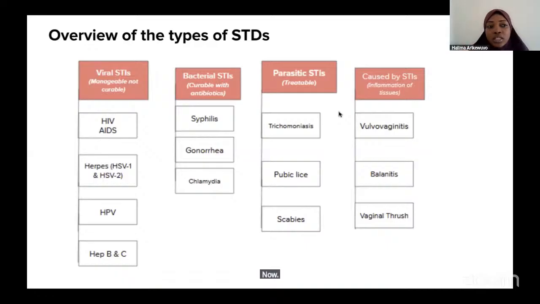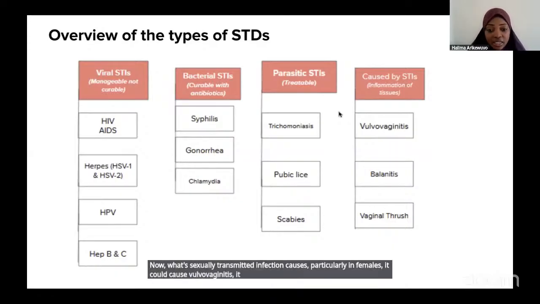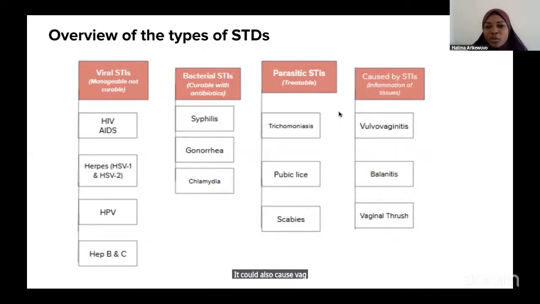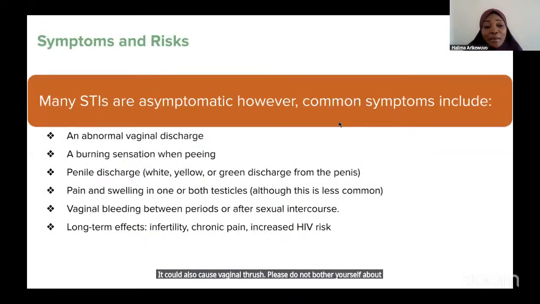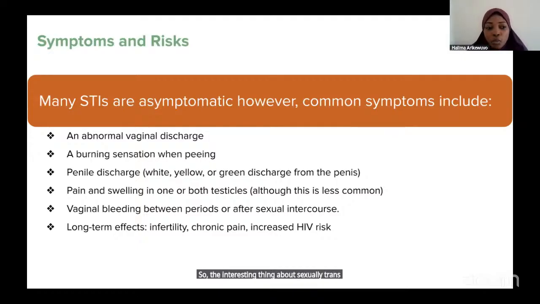Now, particularly in females, sexually transmitted infections could cause vulvovaginitis, balanitis, and vaginal thrush. Please do not bother yourself about these fancy words. They're just medical jargon. The interesting thing about sexually transmitted infections is that most times they are asymptomatic.